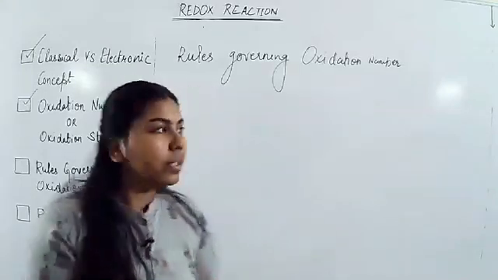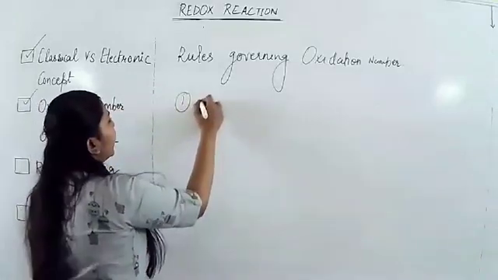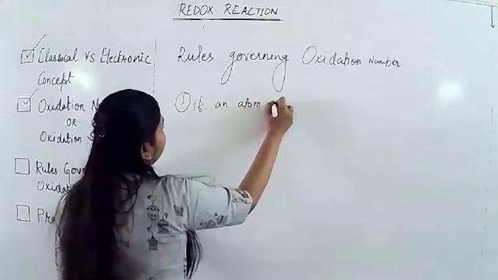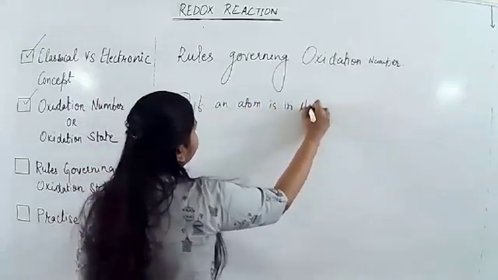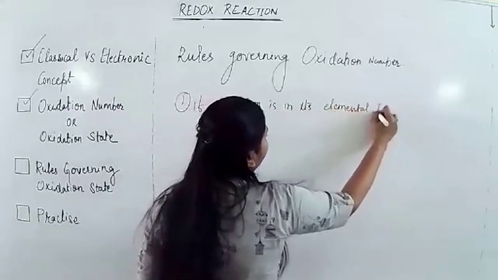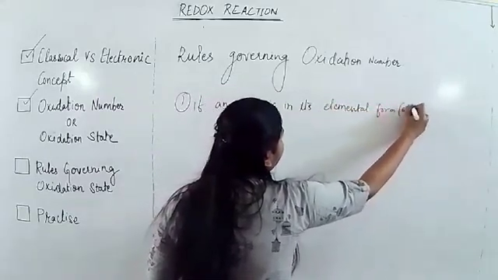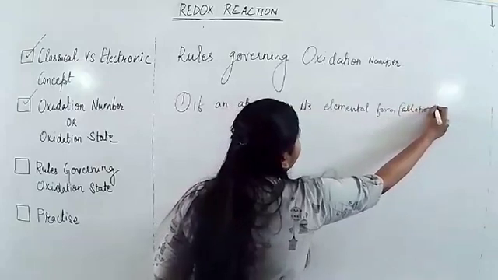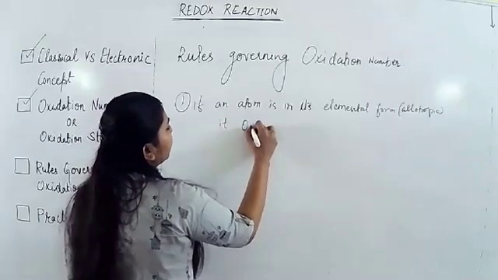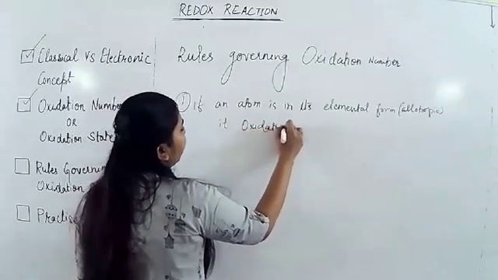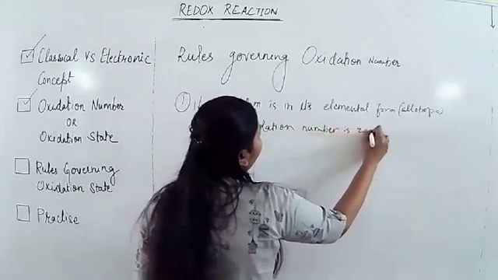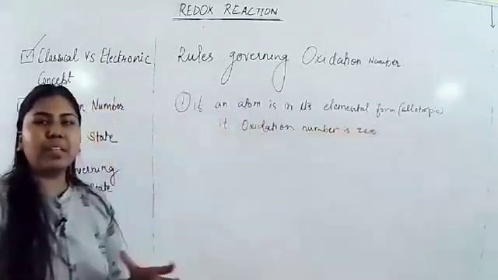What does that mean? If an atom is in its elemental or allotropic form, its oxidation number is 0, because oxidation number means the charge is 0.